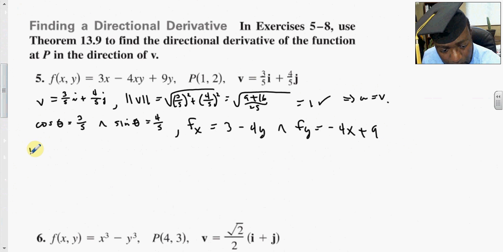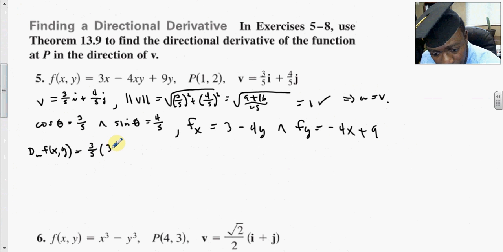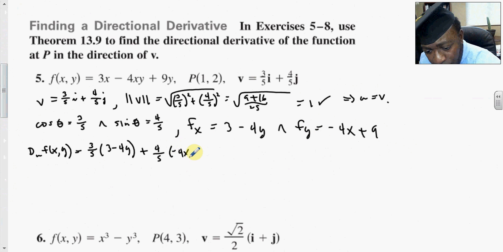And so the directional derivative of f in the direction of u at here first x comma y is equal to, yes, 3/5, that's the cosine theta, times the partial of f with respect to x, 3 minus 4y, plus 4/5, sine theta, times the partial of f with respect to y, negative 4x plus 9.